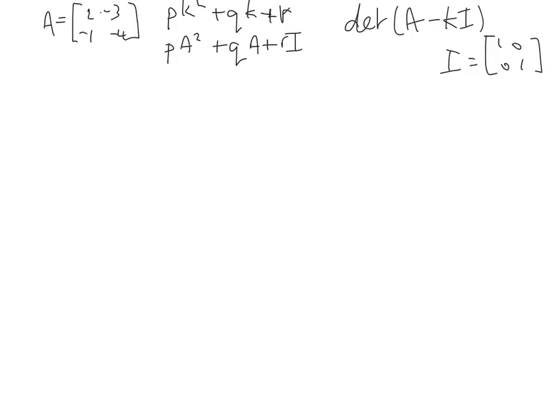Now, to find the determinant of A minus kI, we've got to write the matrix A minus kI. I, we know, is the identity matrix, so kI equals k, 0, 0, k. Now, if we're doing a determinant of that, we've got to work out A minus this.